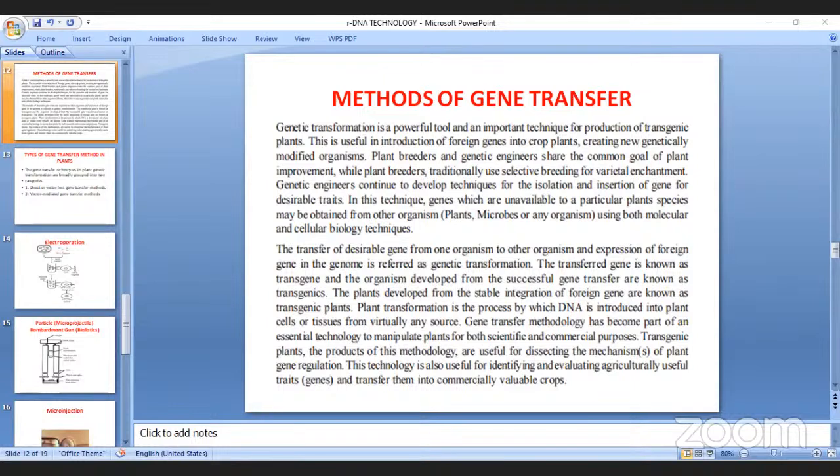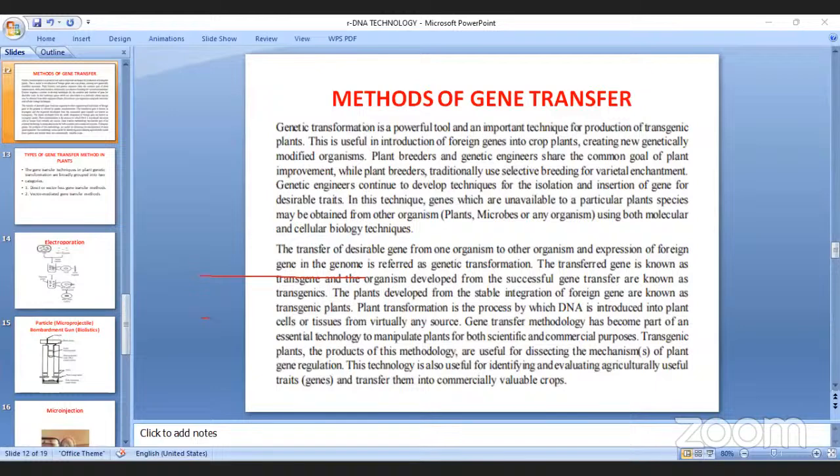The second one is the vector mediated gene transformation method. First, direct transformation. In direct transformation, the desired gene is directly introduced without any vector. These genes don't carry any vector. We can directly introduce them into the other plant cells.